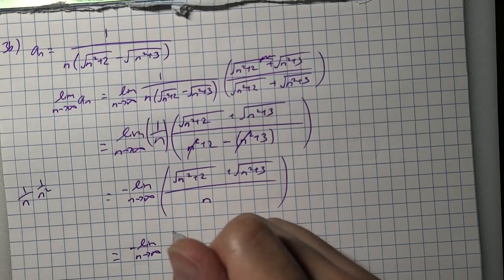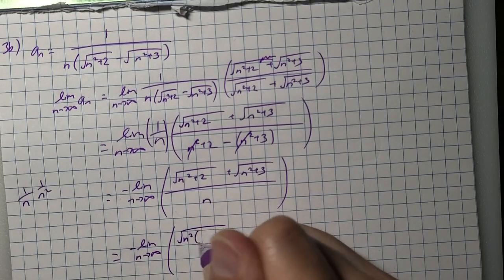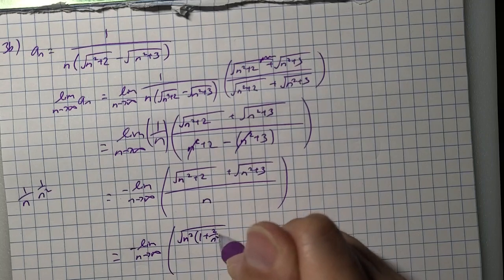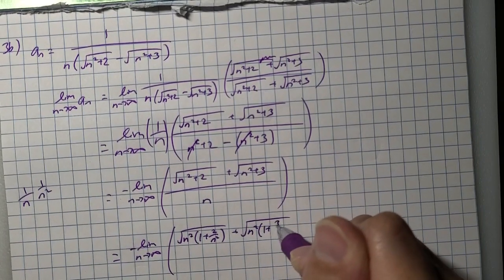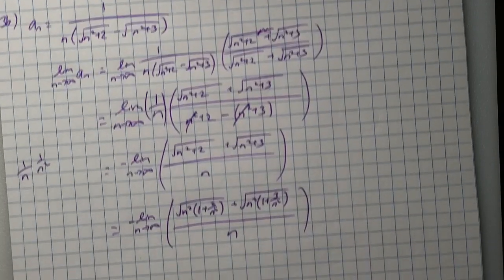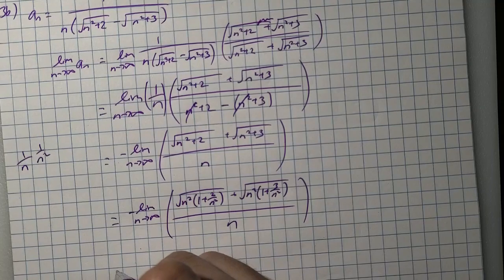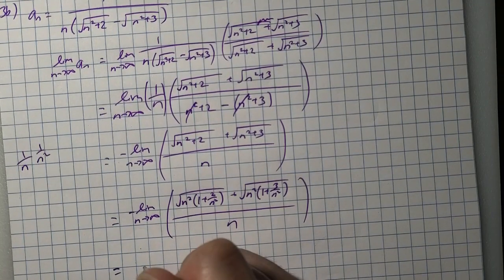Okay. So we can factor out n squared, so that'll be 1 plus 2 over n squared, plus, again, factor out n squared, that'll be 1 plus 3 over n squared, all over n. Okay? Because n is going to infinity, square root of n squared is positive n.